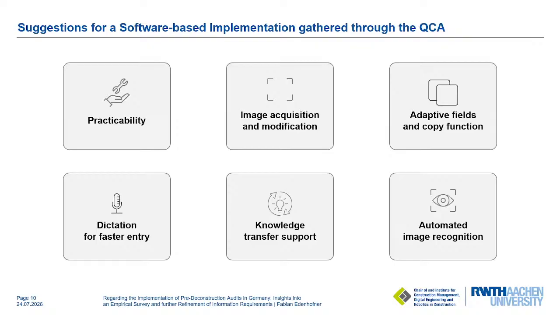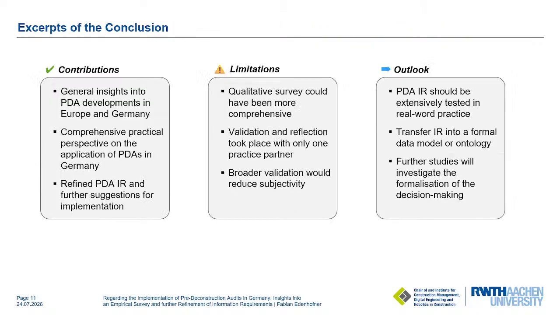And a few experts stated that automated image recognition of construction products could also further enhance the economical PDA assessment. And I already saw some research going in that direction in the EC3 proceedings, so very cool to see. And I come to my last slide.